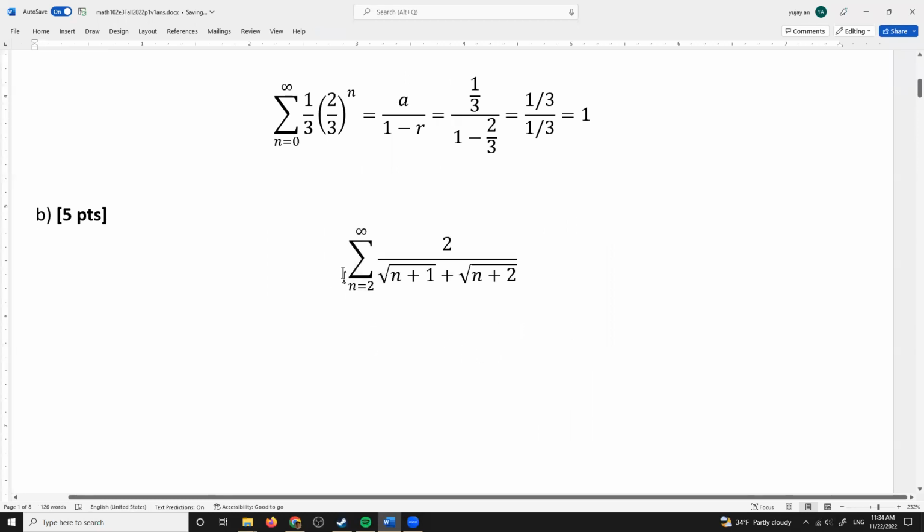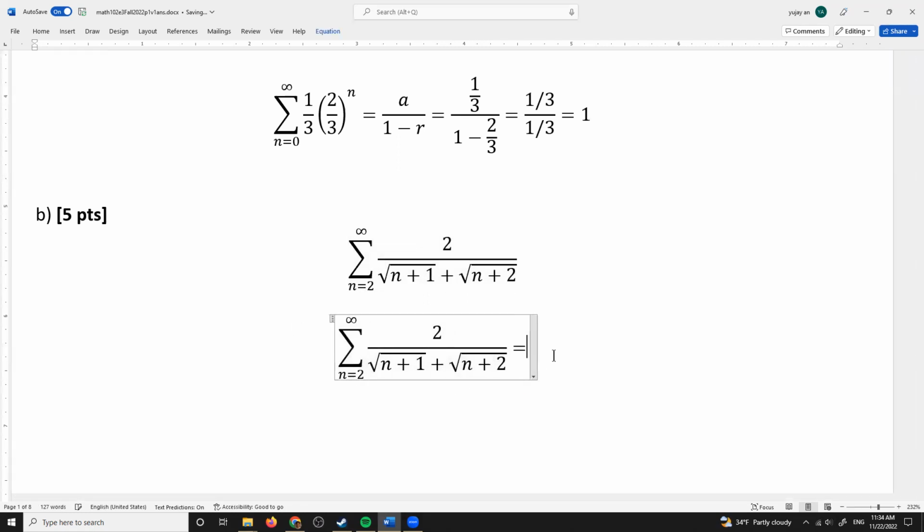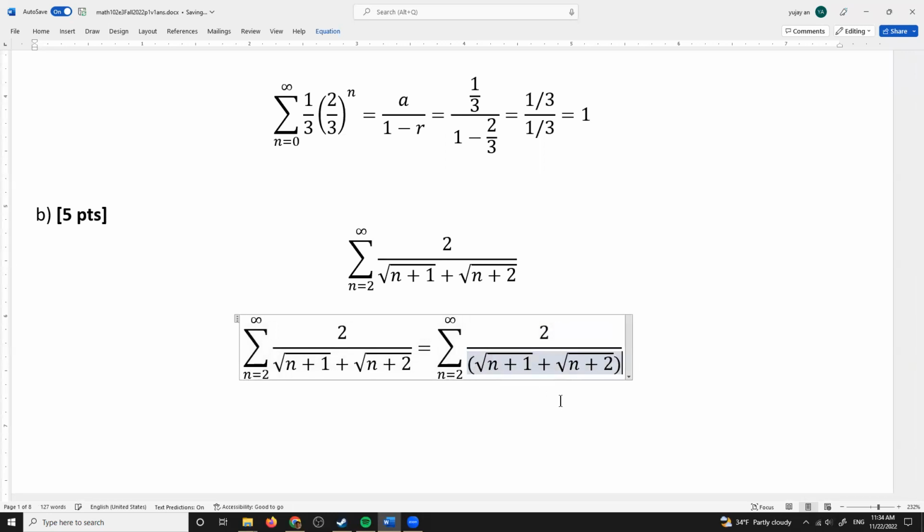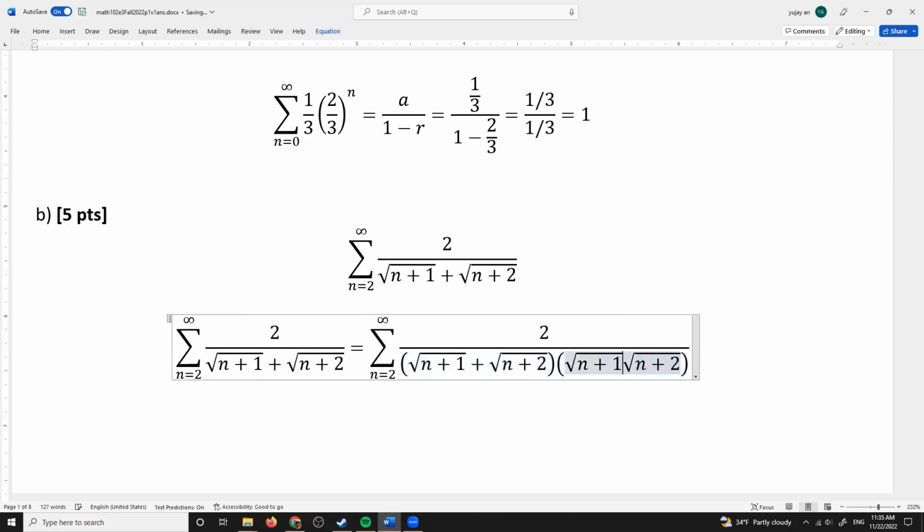All right, so the second one is about telescoping series, where you turn this into a telescoping series by multiplying by the conjugate, right? Take the bottom and you multiply by the conjugate.